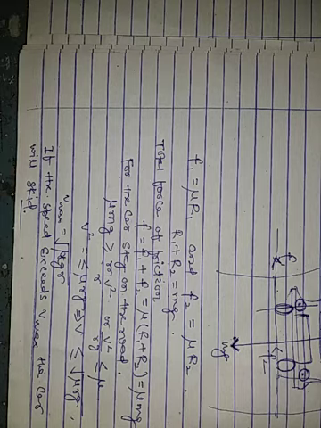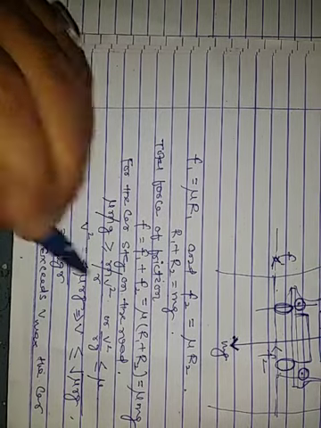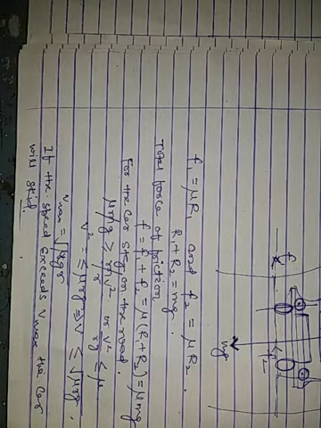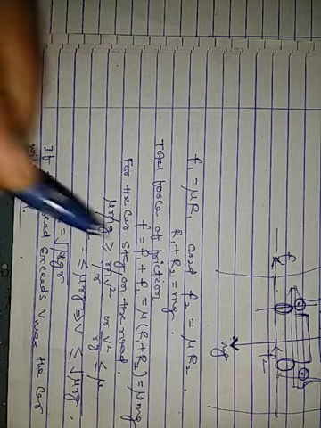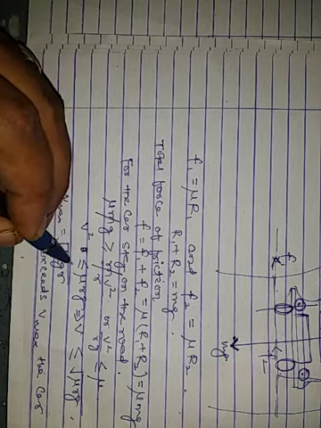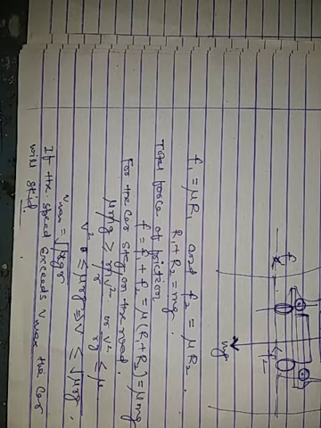As m cancels on both sides, v square by rg is less than or equal to mu. So v square is less than or equal to mu rg.